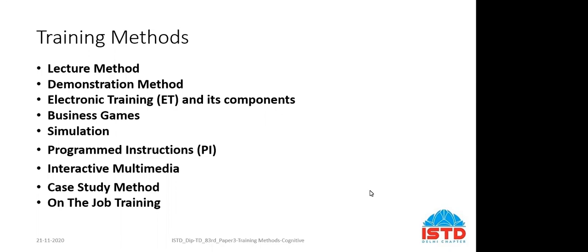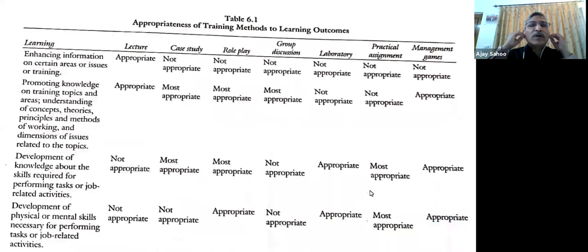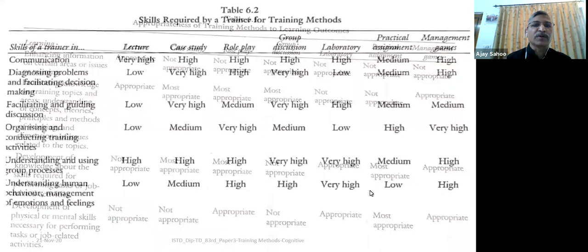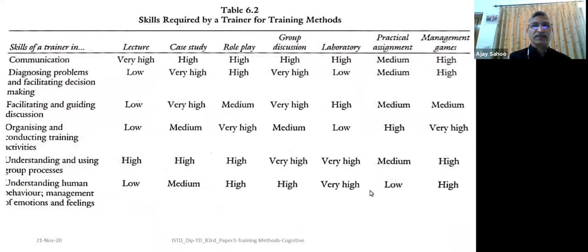Right. Okay, so in the last class, we had discussed the various training methods and their appropriateness. This is already there in your book, so I just picked it from the book. And the various skills which the trainer requires for different kinds of training methods.